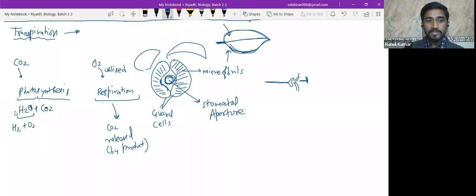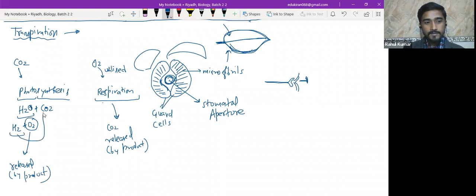If you balance this reaction, multiple water molecules will split into hydrogen and oxygen, and this oxygen is released because it's not required, as a byproduct. And this hydrogen is reacted with CO2 to form starch.